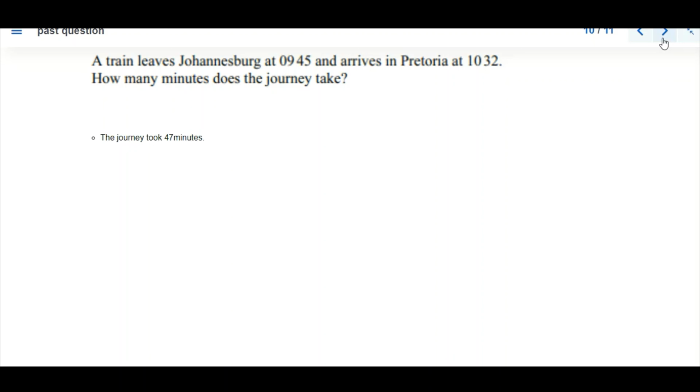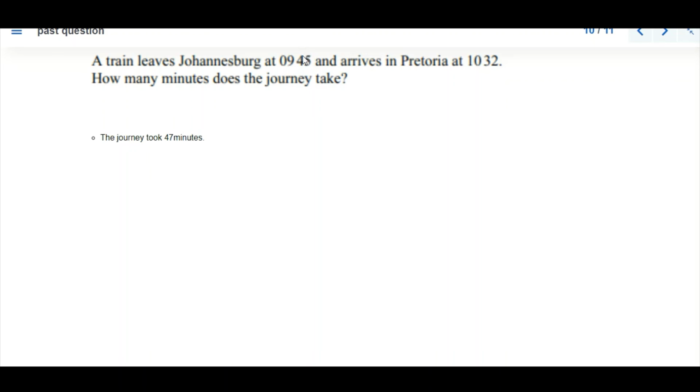For us to get to 10:00, we have just 15 minutes more, either 10 a.m. or 10 p.m. or thereabout.